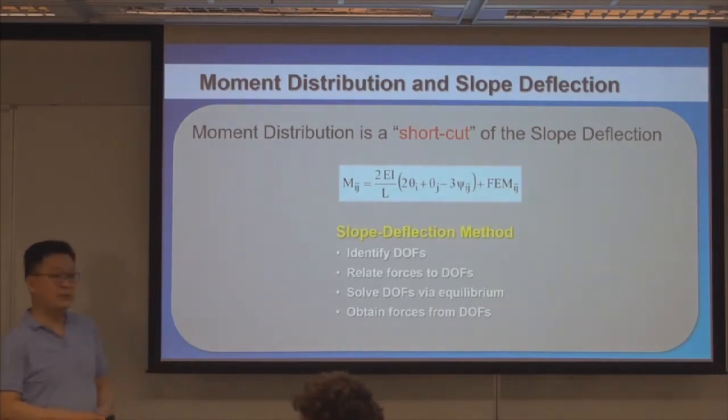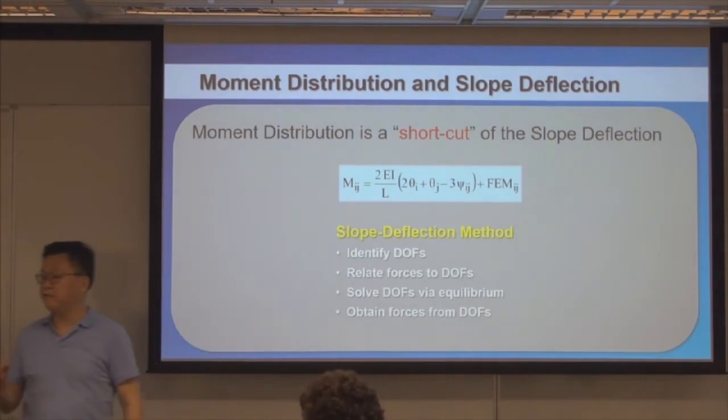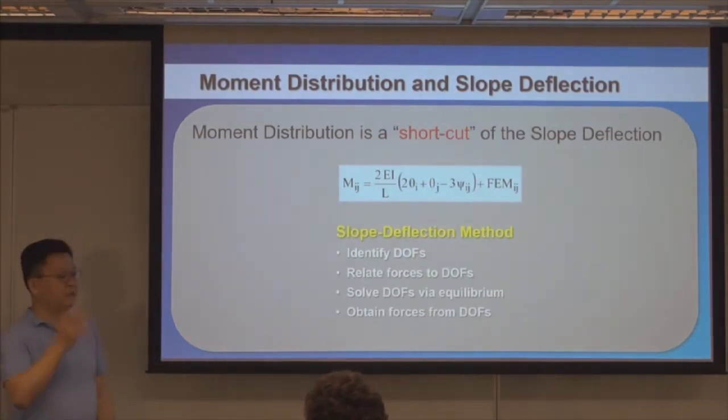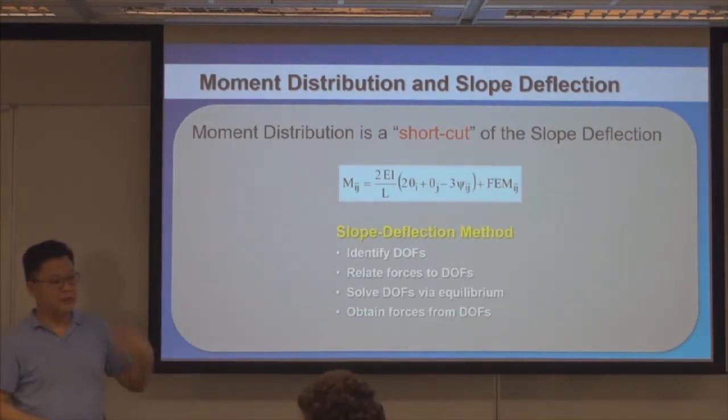So slope deflection turns around, looks at the deformations, and tries to identify so-called degrees of freedom. The underlying assumption is that the degrees of freedom will be much, much fewer than the degrees of indeterminacy, so that you can solve your problems much more easily.